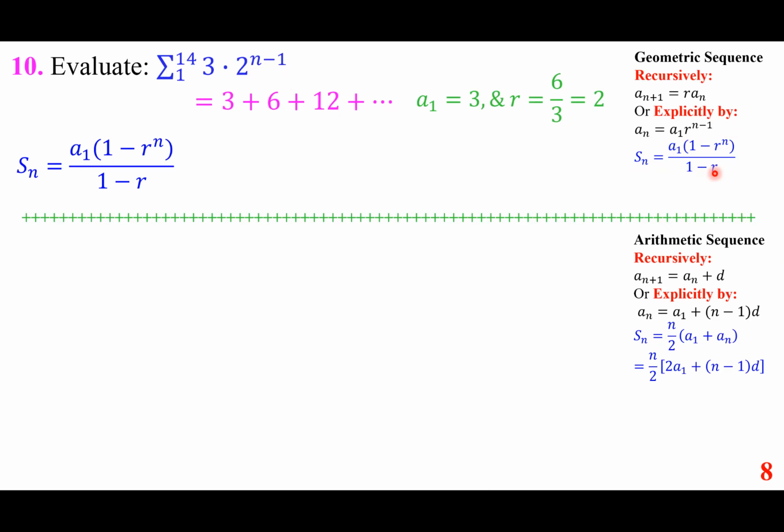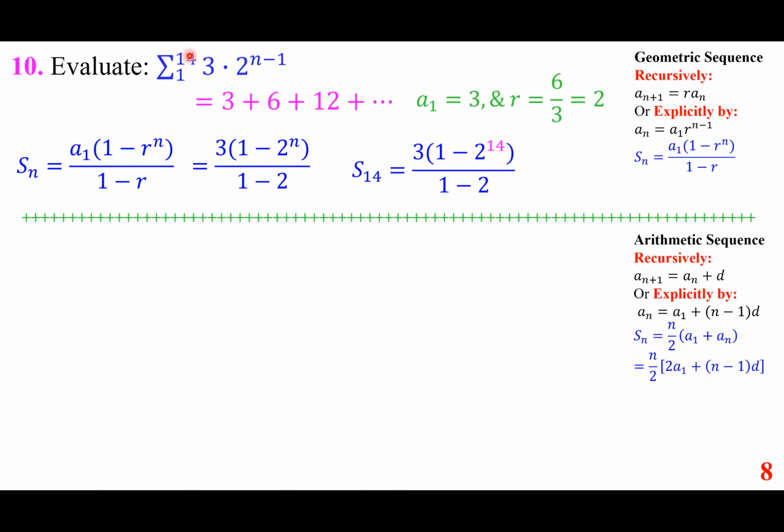Let's plug in: A sub 1 is 3, 1 minus 2 to the power of n, over 1 minus 2. Now, what is n? n is 14.